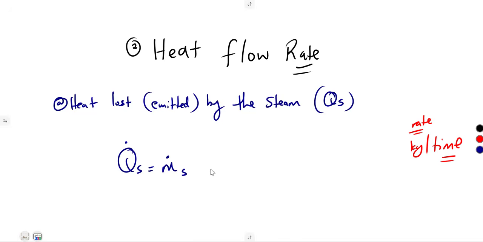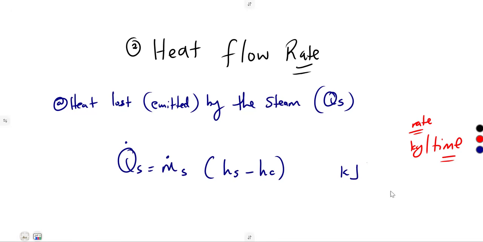So that's multiplied by the difference of the enthalpies, which is HS minus HC. So this is going to give us the answer in kilojoules per the unit time that you used on your mass.